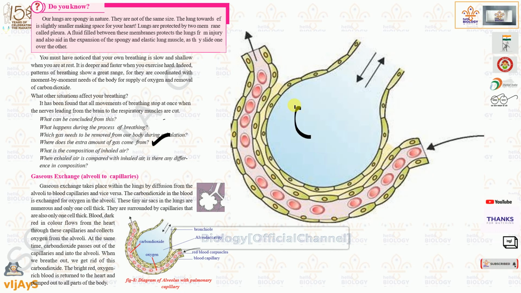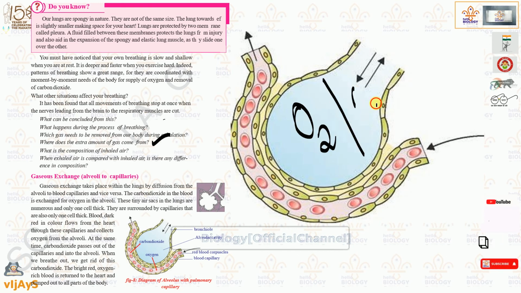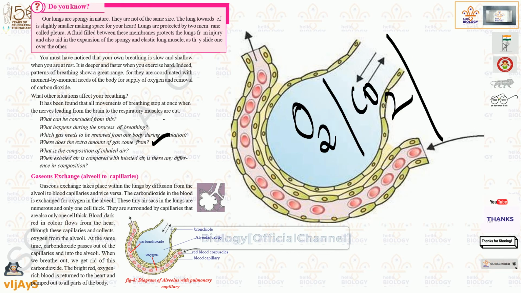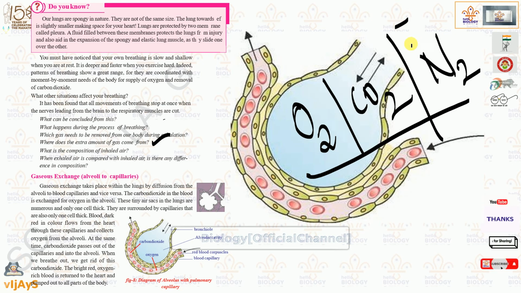Inhaled air composition usually has oxygen and carbon dioxide from outside, and if we are near traffic outside, nitrogen will be the maximum. So these three gases will be the most.